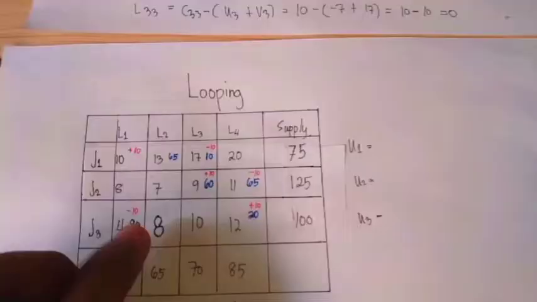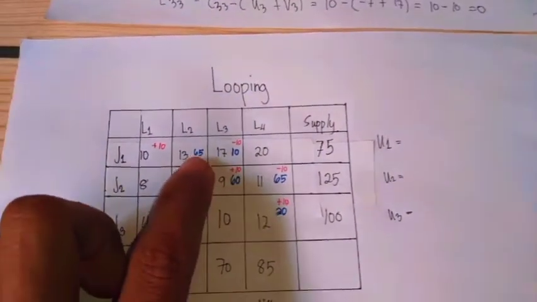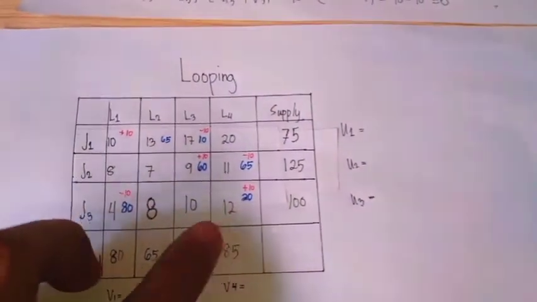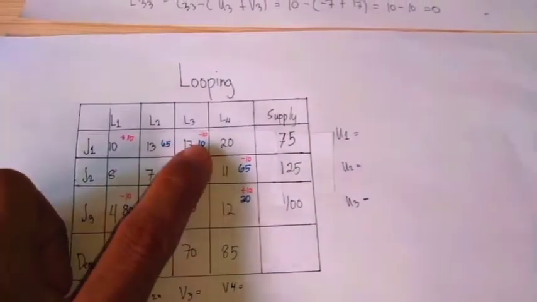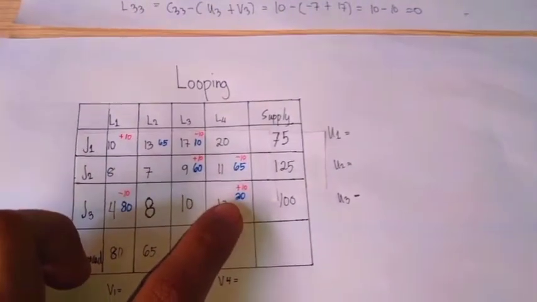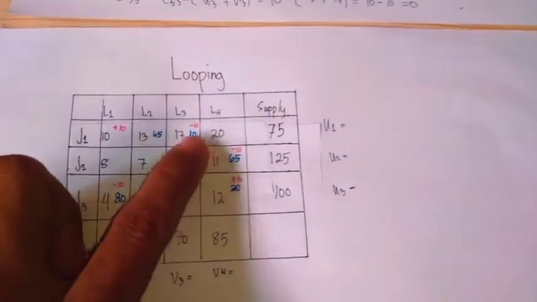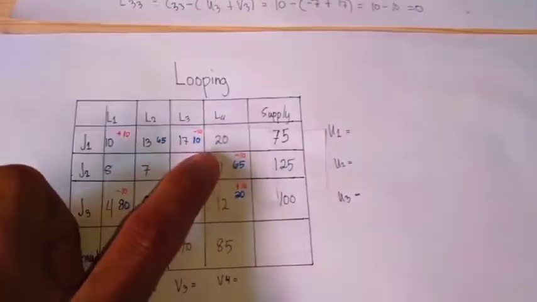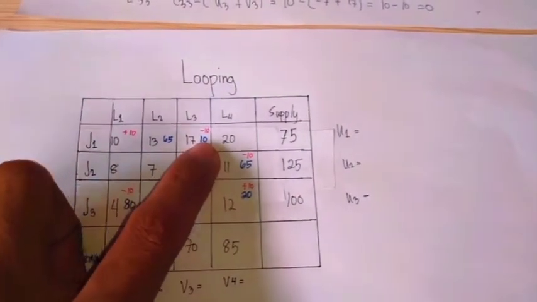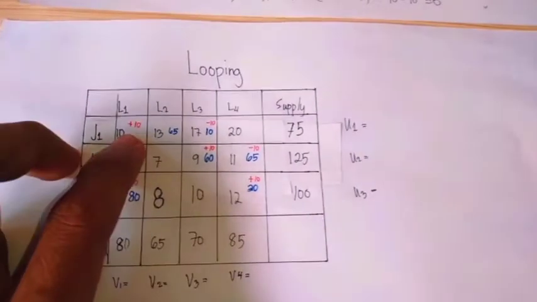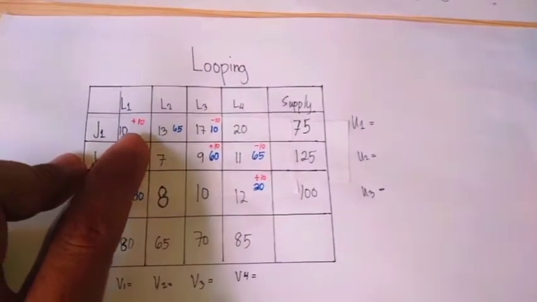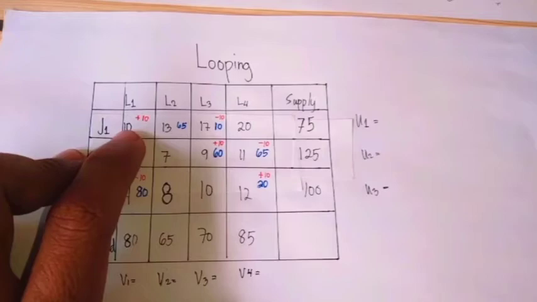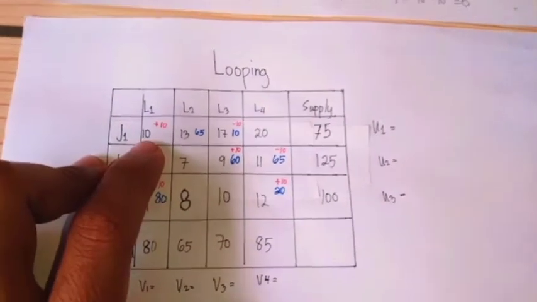So we will now find the list of these values that we added to each value. So the list is 10. We are going to add 10 here on our 10, since this is the start, since it is negative.